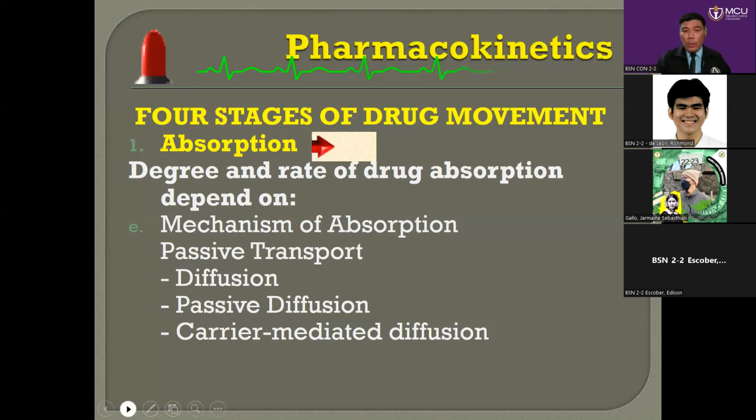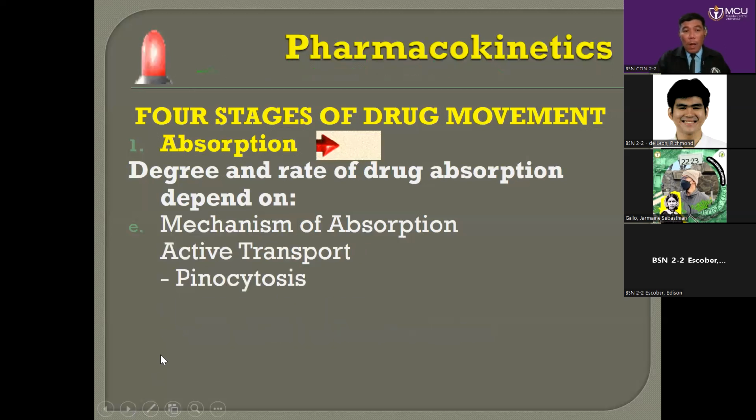So that's why we have used what we call diffusion. We have also called what we call active transport. Sa active transport naman, this is through the use of fluids sa cell. Ayan. So, for times that the drug will be distributed sa body, it will be transported via the plasma. And it will be transported to the different compartments of the body.